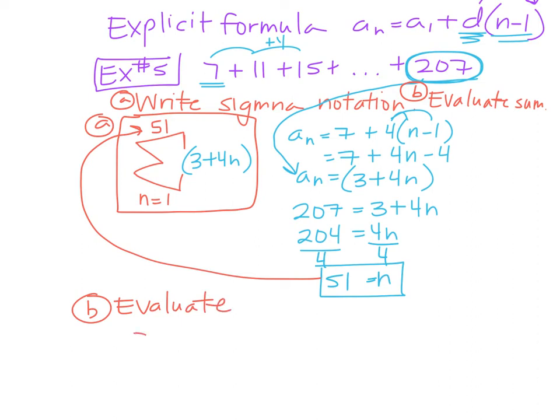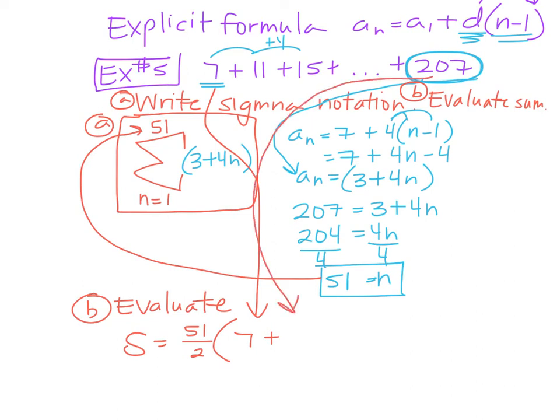The sum is our n, 51, over 2 times our first term, that's our 7, plus our last term, which was over here, 207, and that would be our setup. Then you just need to plug that in. You get 5,457.